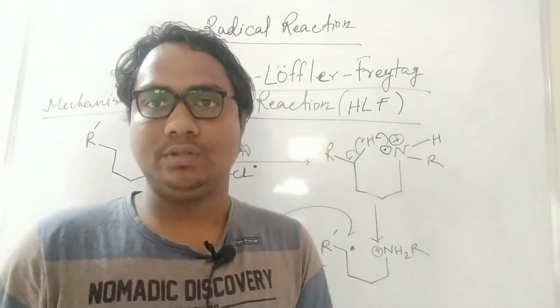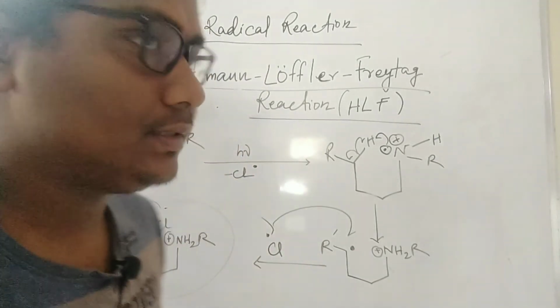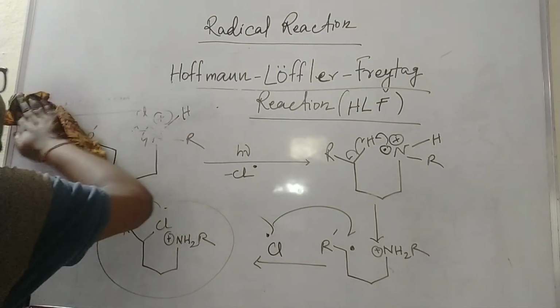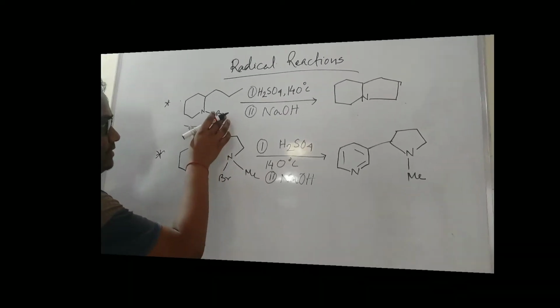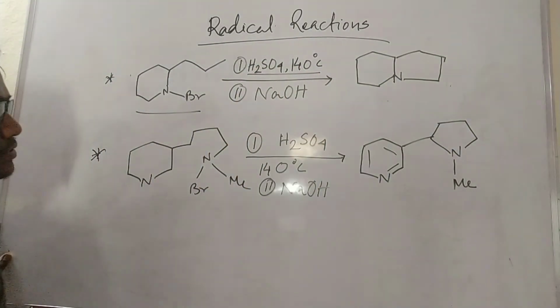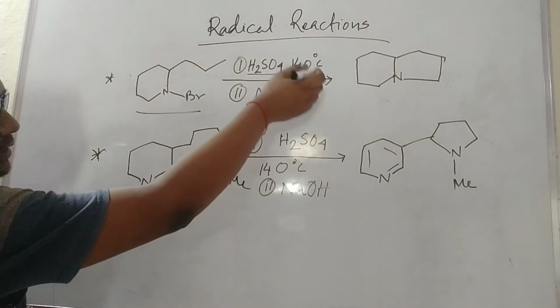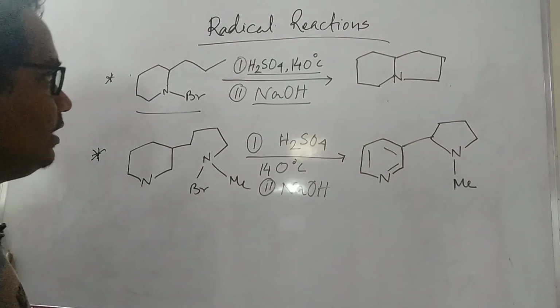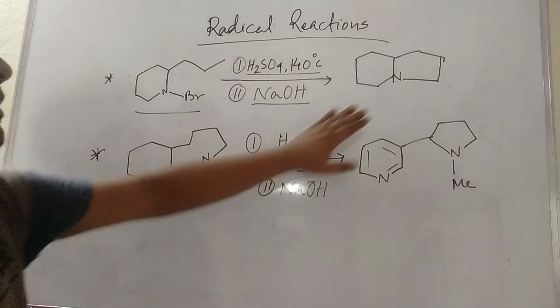Now I will go to the examples. This is the starting material, and I choose H2SO4 at 140 degrees, and NaOH. These are the heating conditions, and what will be the product? The product is this.